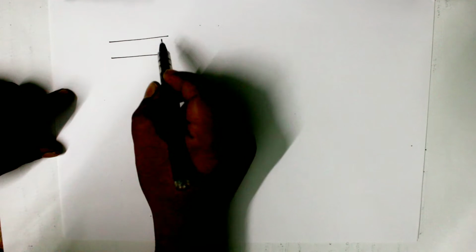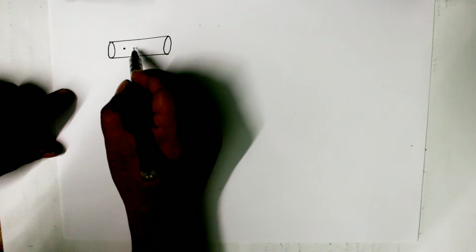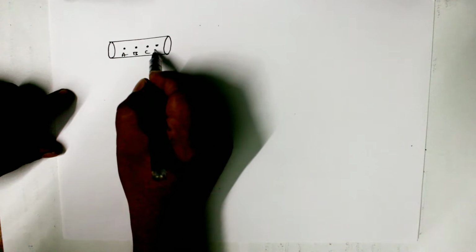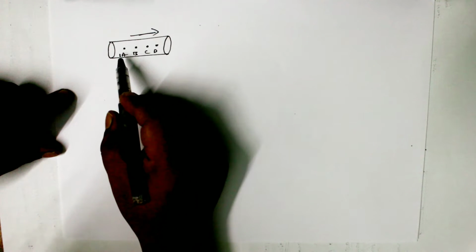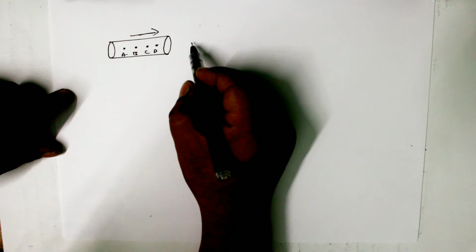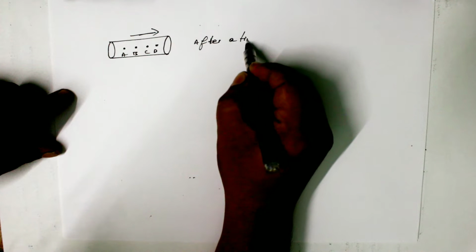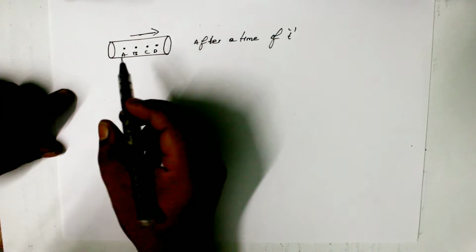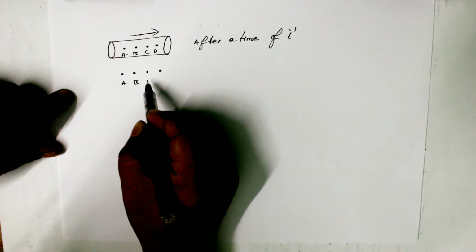For example, if a particular liquid is flowing in a pipe, then let us take some particles A, B, C and D. So these molecules, considered they were moving in this direction and their order was present like this, A, B, C and D. Now after a time of T, if I have observed the flow of these molecules, then after some time also their order has not changed.